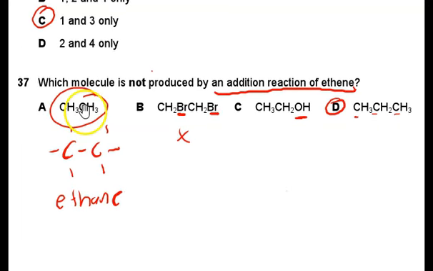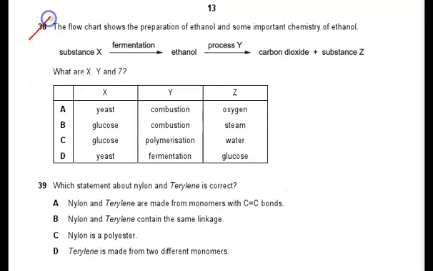Okay. Now let us look at number 38. Okay, for number 38, the flow chart shows the preparation of ethanol and some important chemistry of ethanol. So for this fermentation, we need the glucose as the raw material.